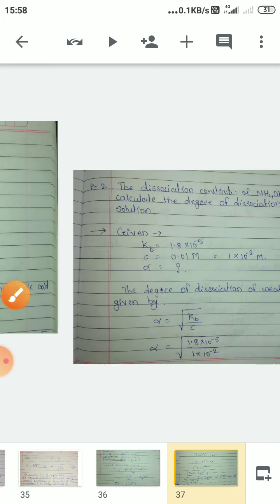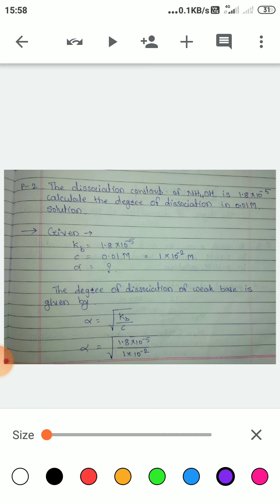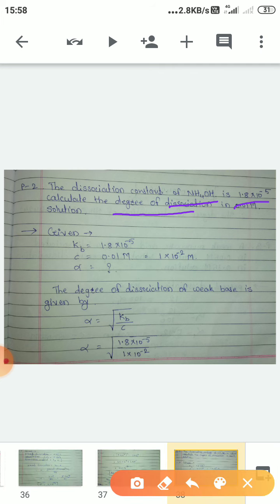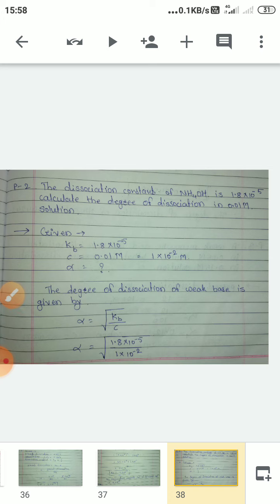Now see one more numerical. See what the numerical is. Dissociation constant of ammonium hydroxide is given as 1.8 into 10 to power minus 5, and the question asks to calculate the degree of dissociation in 0.01 molar solution.